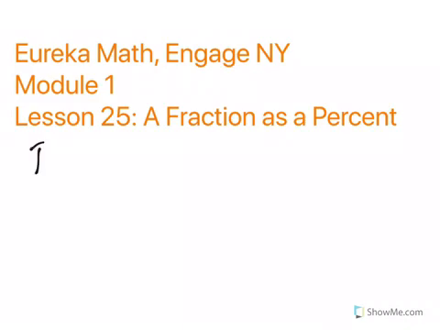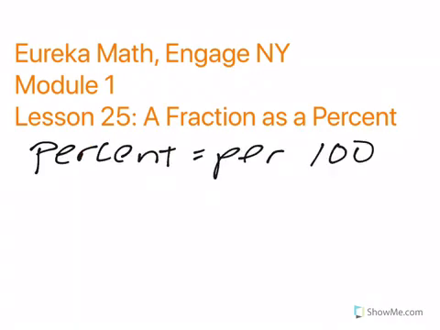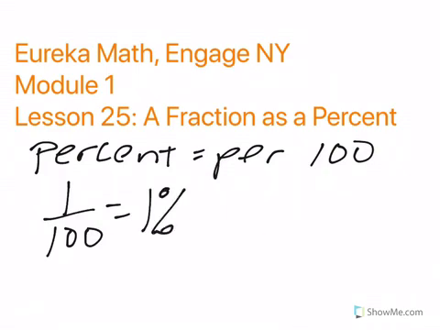If you recall from our last lesson, we talked about percents, and we talked about percent as meaning per 100. So if I showed you this fraction, 1/100th, you know that can be written as 1%.